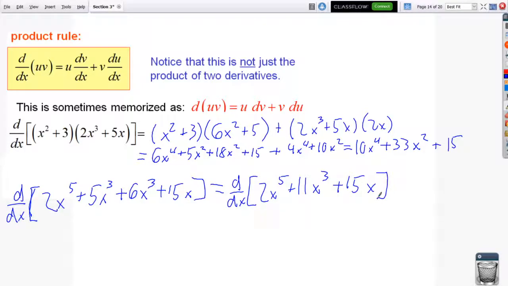And we should be able to see, as long as we do the power rule appropriately, we should get the same answer. And some of you are probably marking it down in your notes. Yeah, it's the same answer. 2 times 5, 10, x to the 5 minus 1, fourth, plus 11 times 3, 33, x squared, plus 15. So long story short, which way do you have to do it?